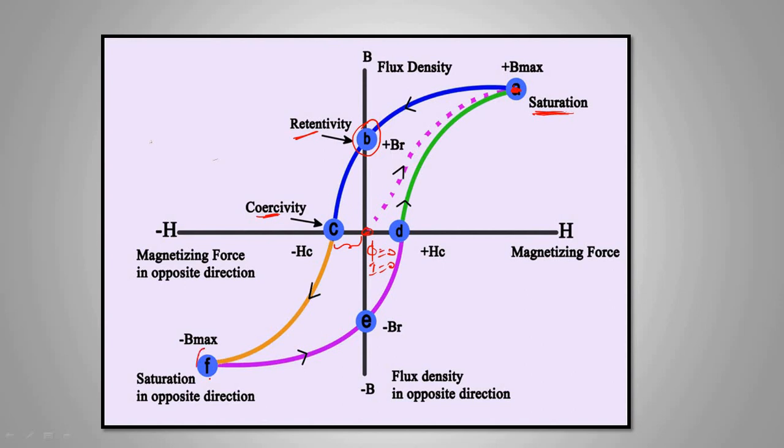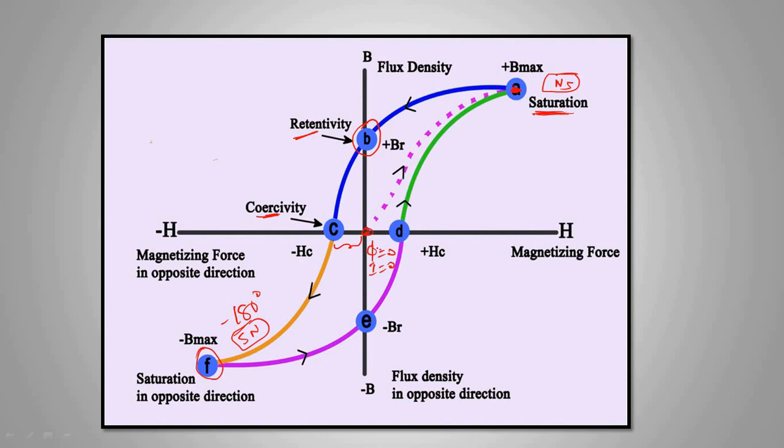So similarly, if we keep on increasing the magnetizing force in the negative direction, it will hit the negative saturation. Now the dipoles will be oriented 180 degrees in the opposite direction. Here the magnetic dipoles may be south north, and in positive, the magnetic dipoles will be north and south. Then if you are decreasing the current, the magnetic dipoles start to orient in random direction, but some of the dipoles will remain in a particular direction.